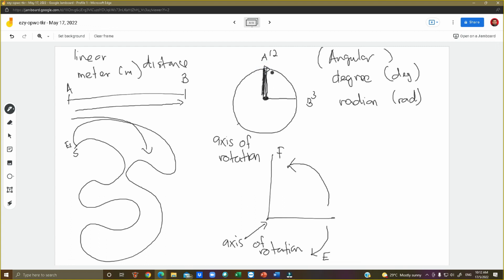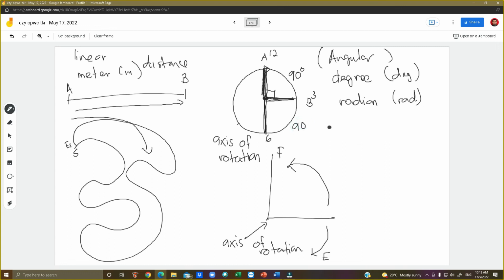How much distance covered by jarum jam ini when it moves from 12 to 3 o'clock? Berapa jarak dia kat sini? Jarak is described in terms of degree. So, berapa? 90 sir. 90 degree.